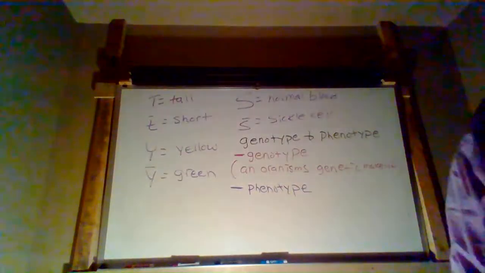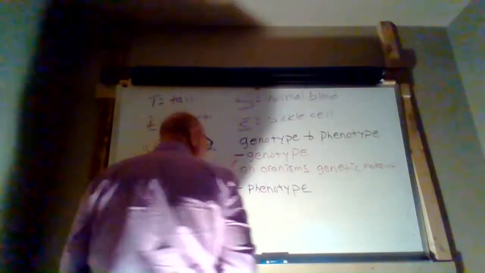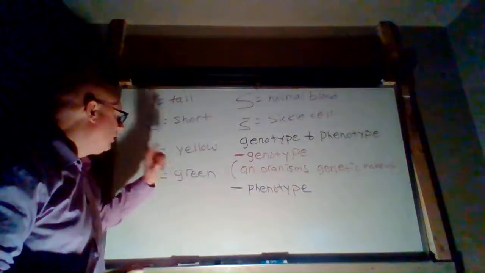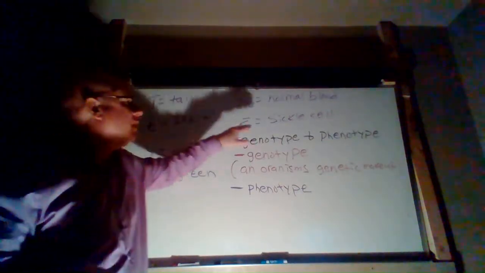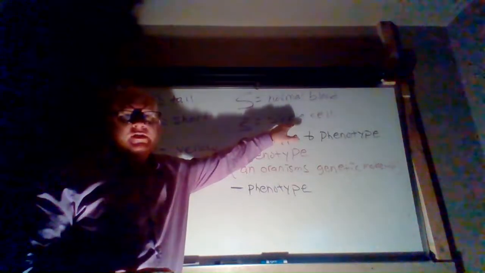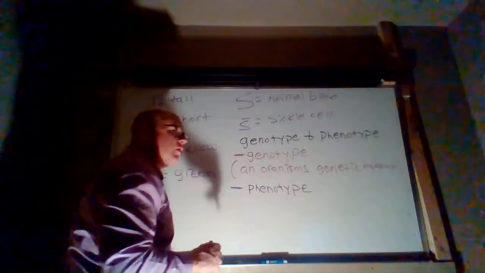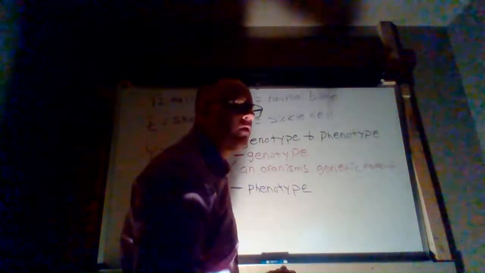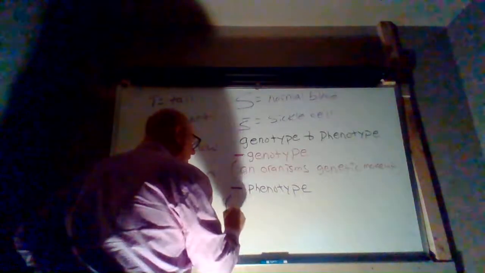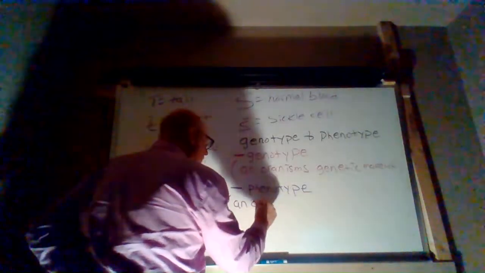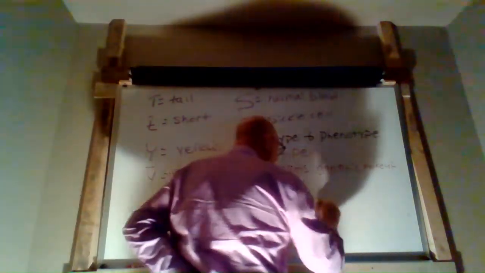The author goes on to say it refers to an organism's physical appearance. Okay, what you're actually seeing, the physical appearance. Green pea plants, short pea plants. In this case, taking a blood sample and seeing sickle cells inside of someone's blood. So a phenotype, we're going to say, refers to an organism's physical appearance.